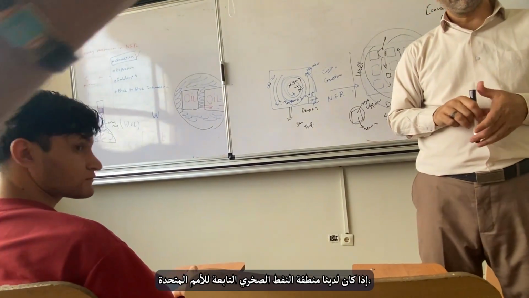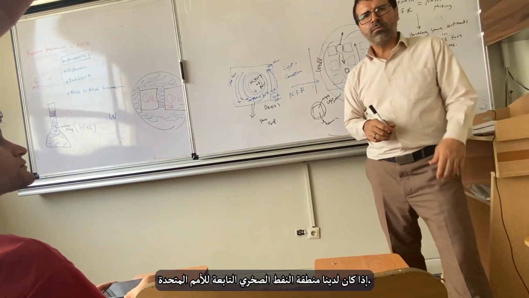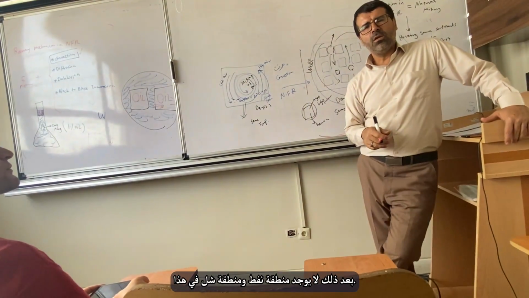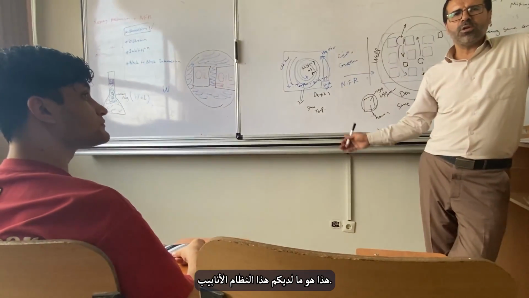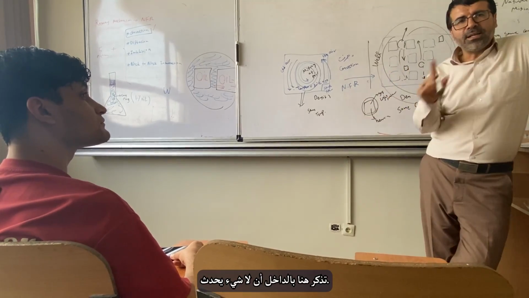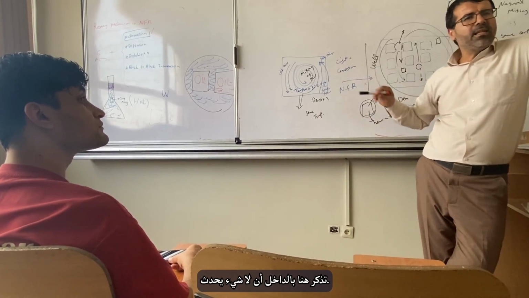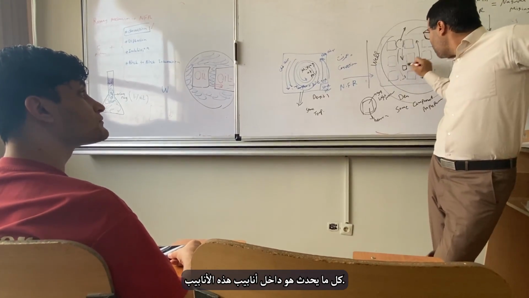Doctor, if we have an oil region and a shale region, do we have mixing? No, we don't have mixing. Inside the matrix nothing happens. Everything that happens is inside this piping system.